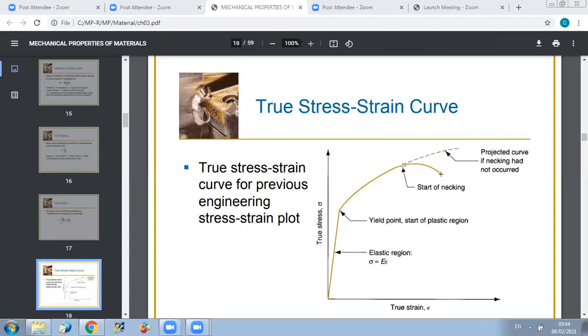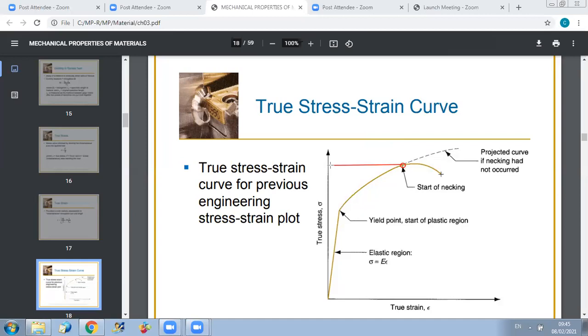That is the start of necking, and it corresponds to the maximum load, F. As we have seen in the previous session, in engineering stress, sometimes the maximum is not very clear. This is why, in the true stress-strain curve, if you use this method, you can determine the point of start of necking. And that point corresponds to F maximum.